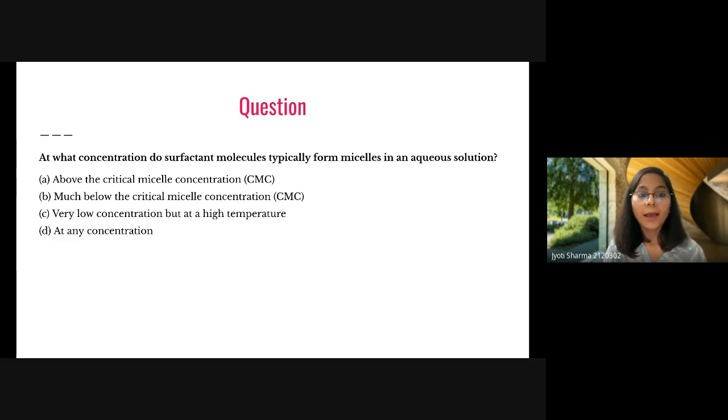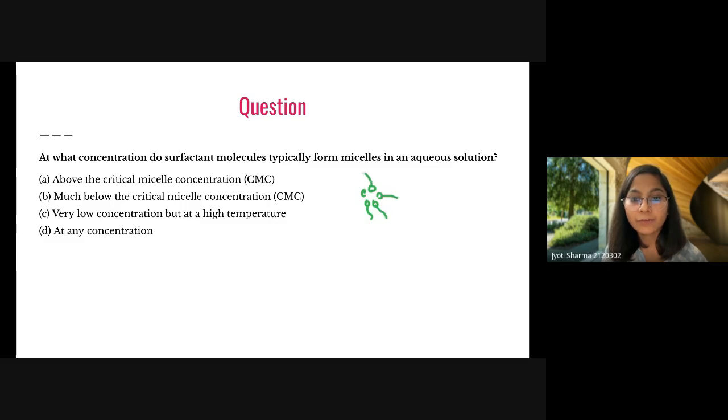Okay. At what concentration do surfactant molecules typically form micelles in an aqueous solution? Above the critical micelle concentration, much below the CMC, very low concentration but a high temperature, at any concentration. So what do you mean by micelle? Micelles are nothing but you have the head of your surfactant, and then here we have the tail.